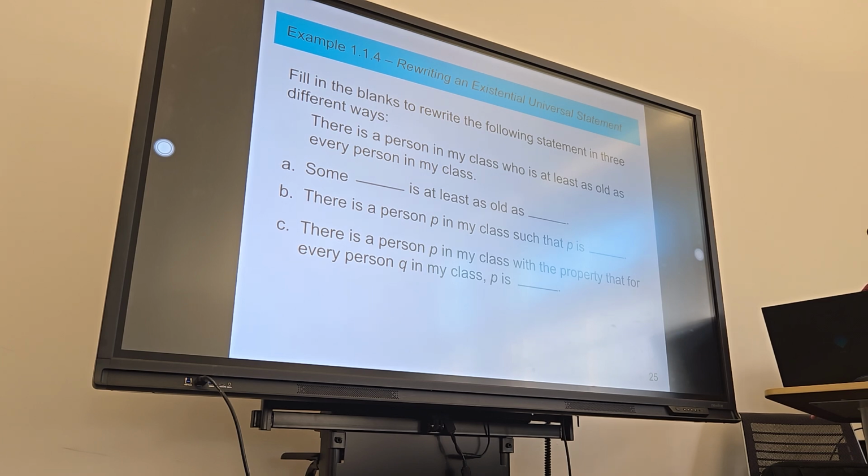There's a person P in the class such that P is at least as old as everyone in the class. And introducing the Q variable: there's a person P in my class with the property that for every person Q in my class, P is older than Q, or at least as old as Q.